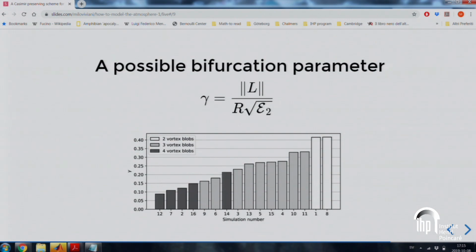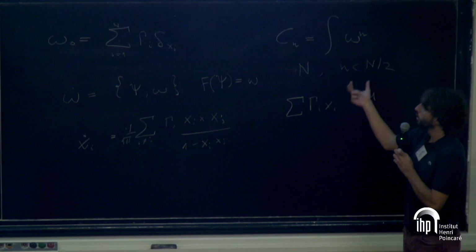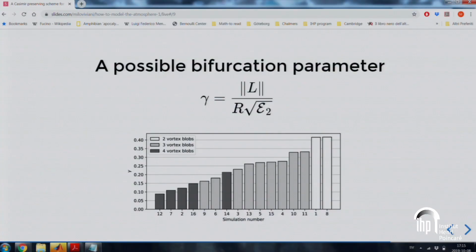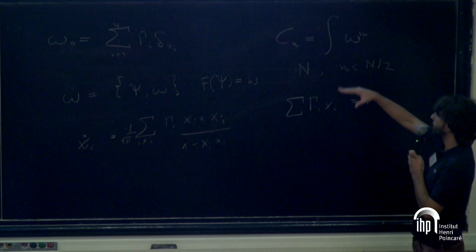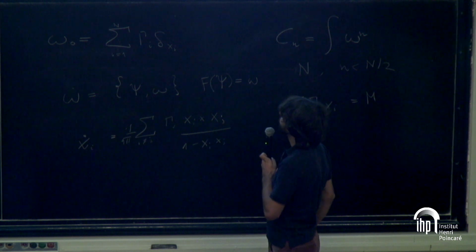When the parameter is very small, we are perturbing an integrable state of 4 point vortices, so we end up with 4 blobs. When the momentum increases with respect to entropy, we leave the perturbed region of the integrable state, and we get 3 blobs, as we have seen in the simulations.